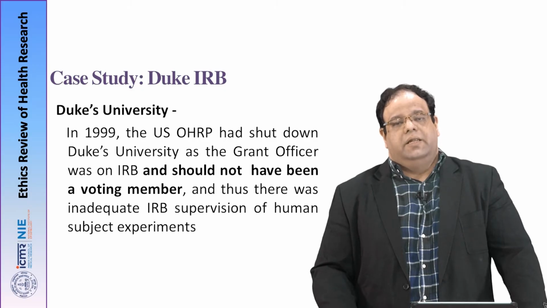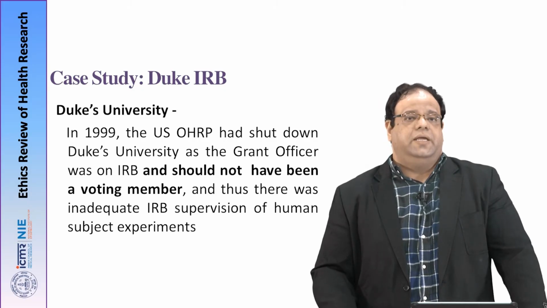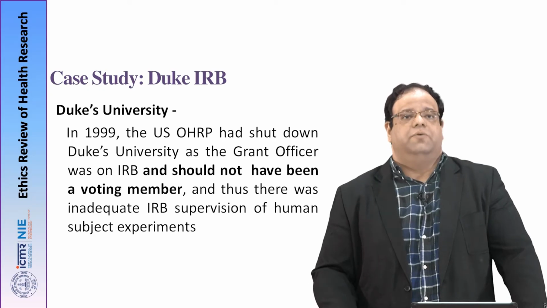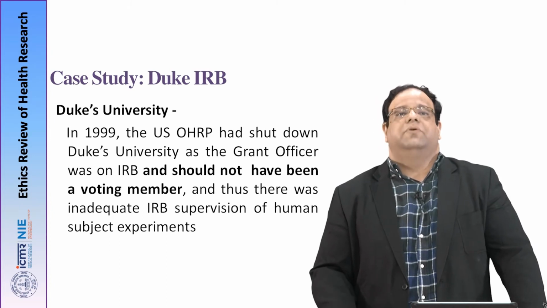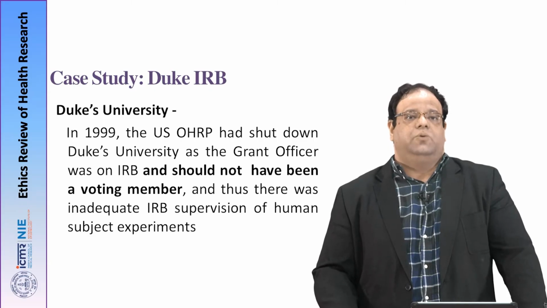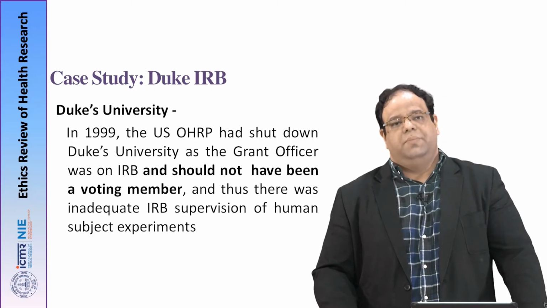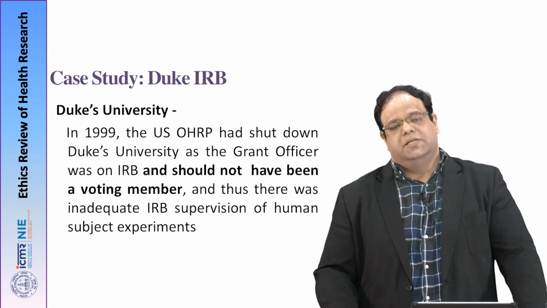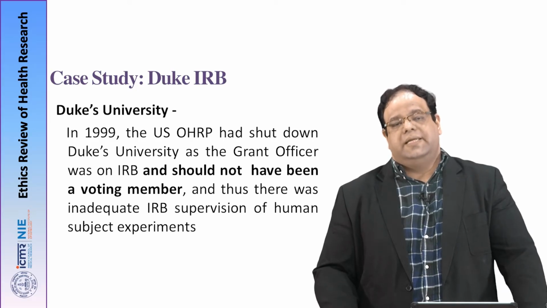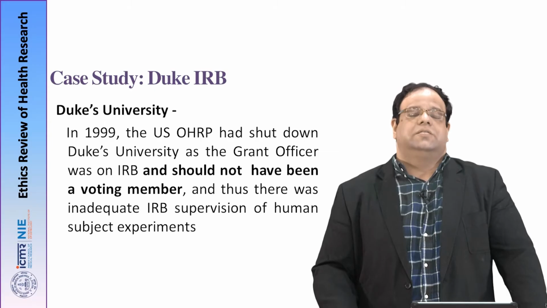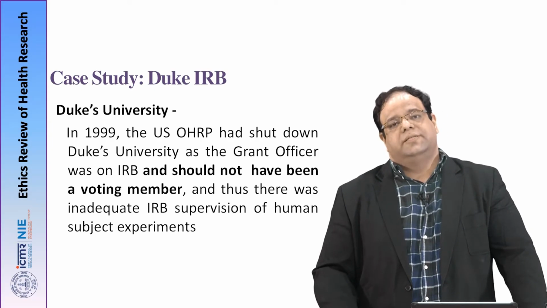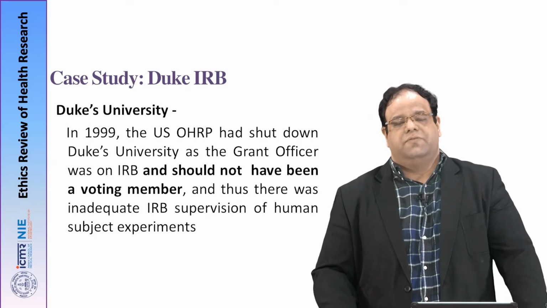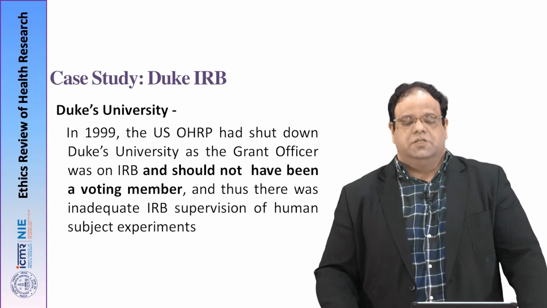In normal scenarios, that person should never have been a voting member, but he or she was actively voting on protocols. And the feeling within the regulatory body, in this case the OHRP, was that this had led to inadequate supervision from the IRB of all the human subject research happening within the university. That's an example of where, as a person who holds an institutional post, you might also have a conflict of interest with regard to the kind of research which happens in the institution.